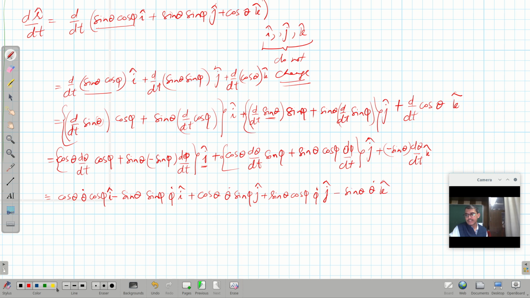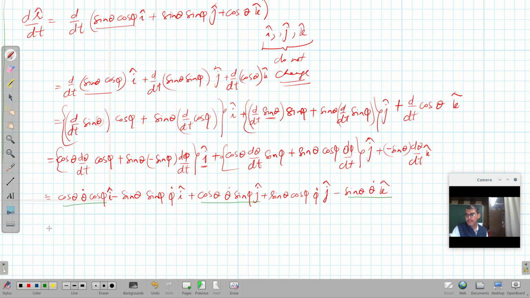So let us take theta terms. Theta dot is sitting with this, and theta dot is sitting with this also, and here theta dot is sitting here. So theta dot is sitting with these terms.